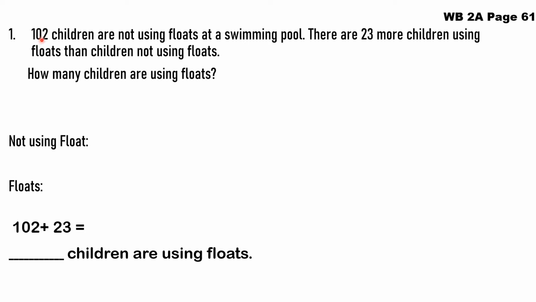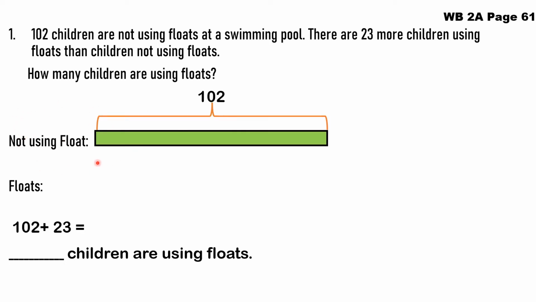So we have 102 children are not using floats at a swimming pool. There are 23 more children using floats than children not using floats. How many children are using floats? So for children not using floats, there are 102. Now the next part of the question says 23 more children using floats than the children not using floats.